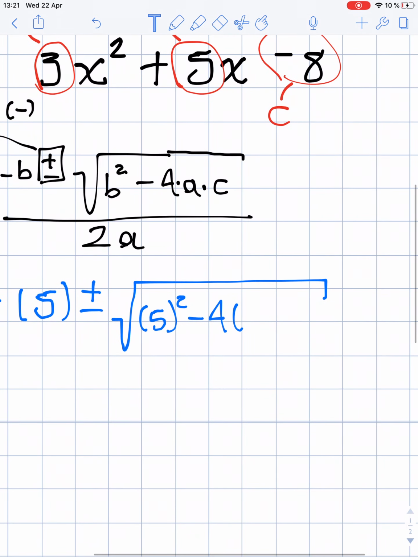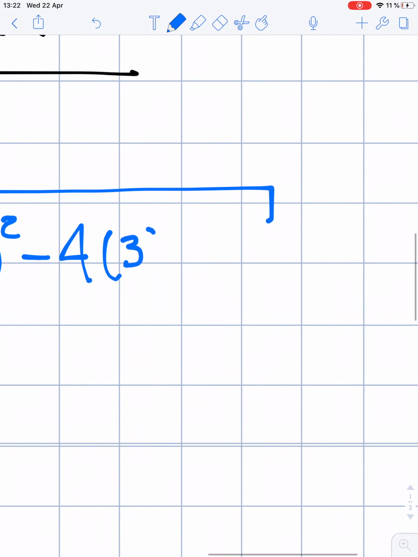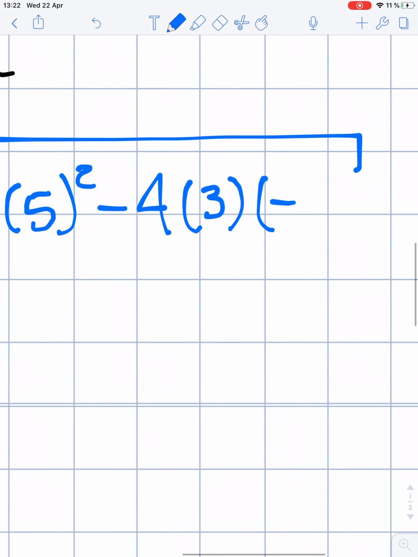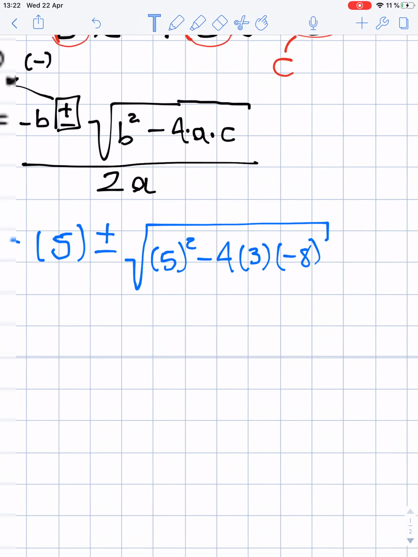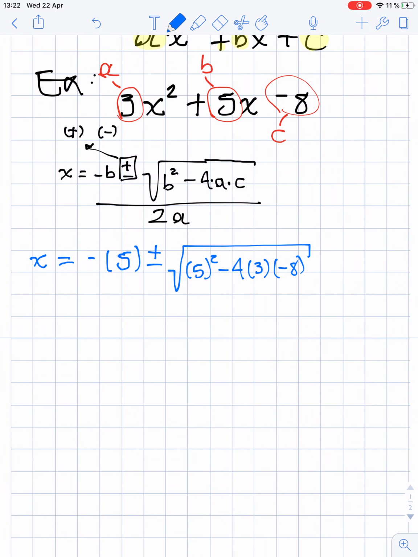The value for a is 3, times the value for c, and the value for c is minus 8, okay? All of this over 2 times a, that is 3.